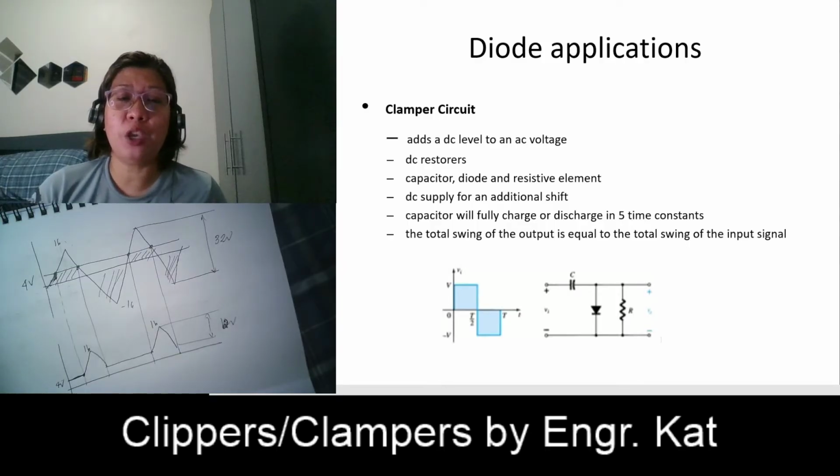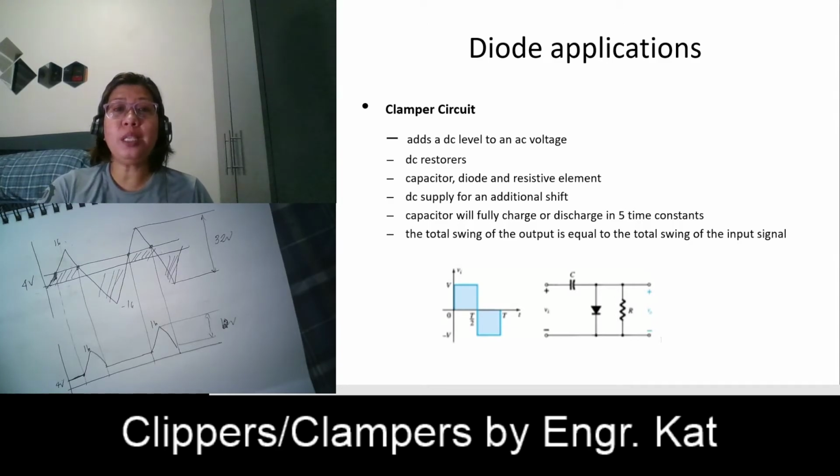So we now have a new component in the form of a capacitor. A DC supply for an additional shift can be added. The capacitor will fully charge or discharge in 5 time constants. So the total swing of the output is equal to the swing of the input signal.